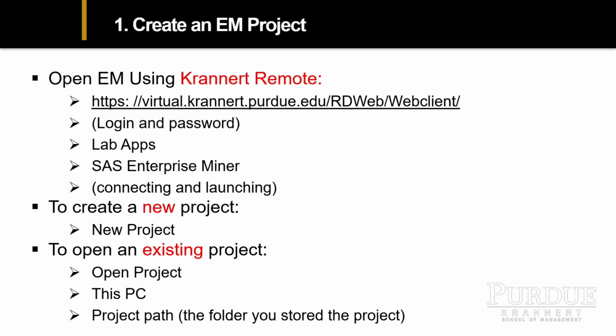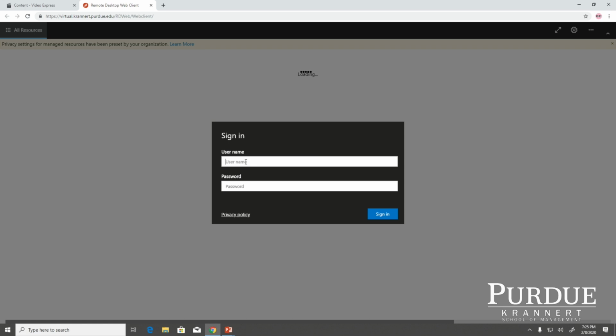So the first step is to create an EM project. We will use EM that's available in the Krannert Remote Access. You don't need to download it onto a local machine. Instead, you can click this link to virtual Krannert and sign in using your Purdue career account.